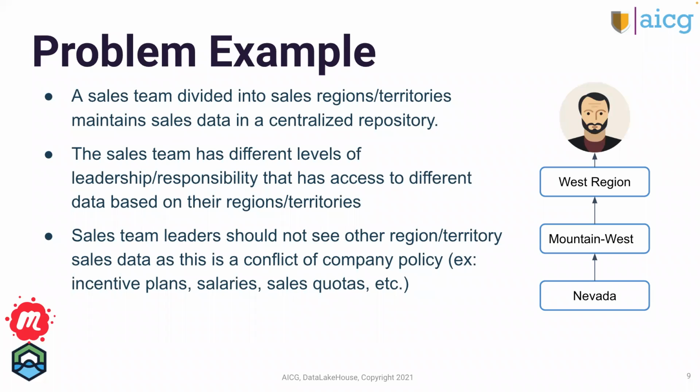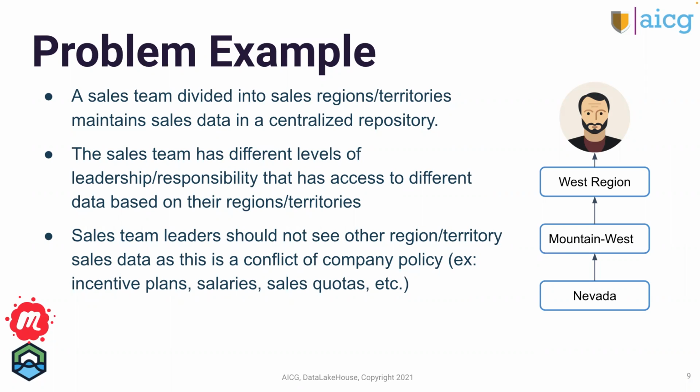But each individual in the sales team, whether it be a manager or a field rep or business development, has different levels of responsibility, and typically those levels of responsibility align with levels of access. If you're a manager across regions, you typically have responsibility for people that report up to you, so they're underneath you, and they might have different territories.